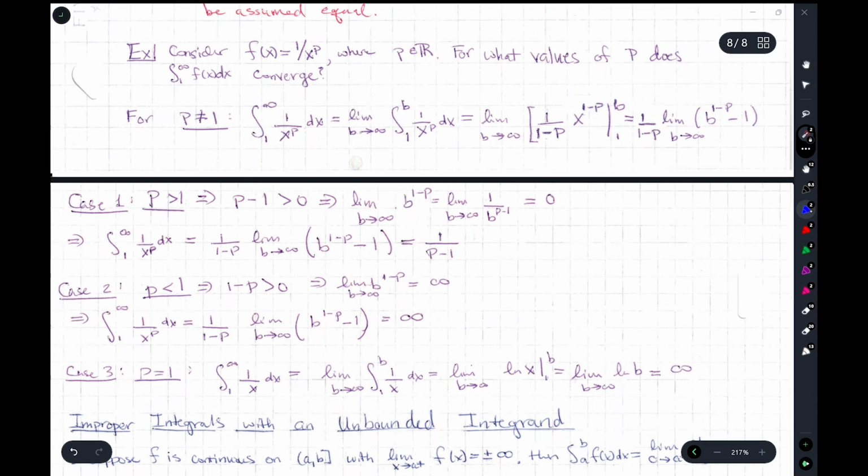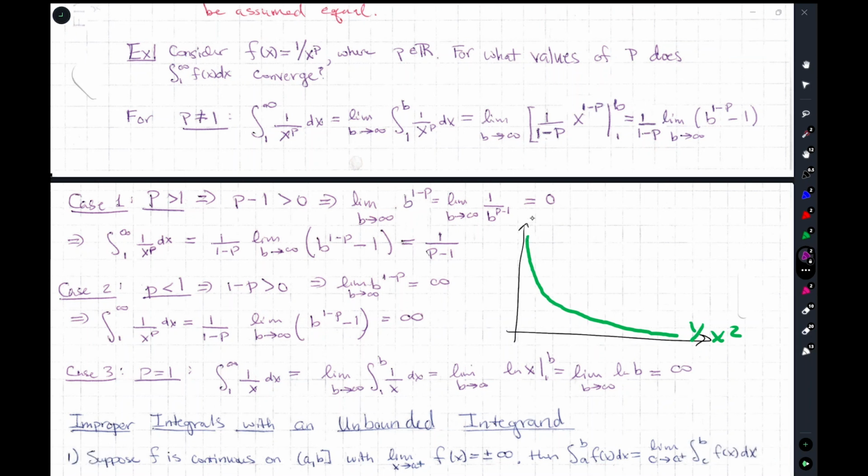And so this is a sort of interesting result, right? What's this telling us? It's telling us that, for example, if this is 1 over x squared, we'll have 1 over x squared here. Say this is 1 over x squared. And say this is 1 over x.